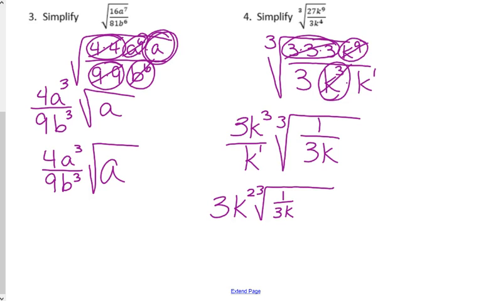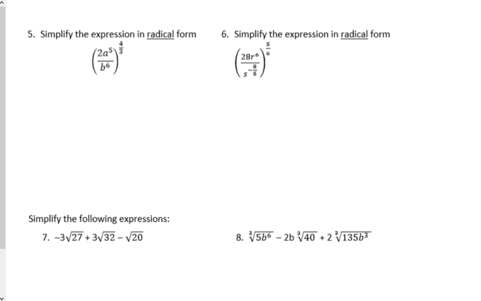Not too difficult. All right, so that's 1, 2, 3, and 4. Let's go ahead and move on to 5. Now it says simplify the expression into radical form. So we have 2a to the 5th over b to the 6th raised to the 4 thirds.